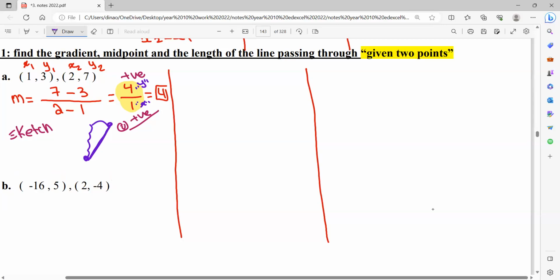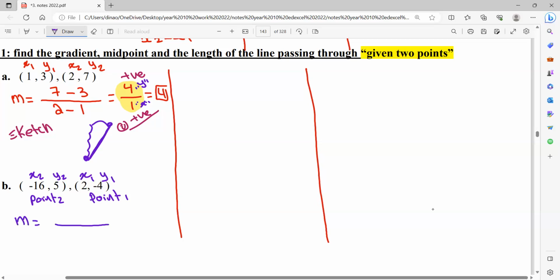You can simply call it point 2. It doesn't matter at all. And the same thing here, not because this point is written second does it have to be the second point. No, it could be point 1. So when I decide to label the x and the y, this point could be x2 and y2. This point could be x1 and y1.